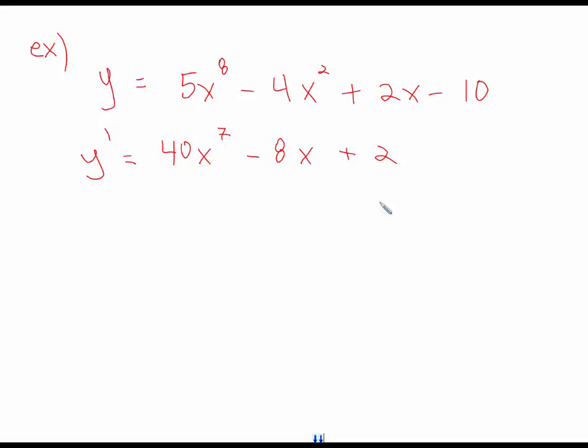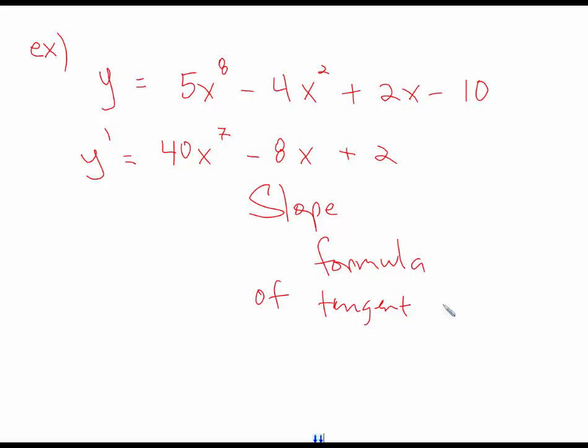And keep in mind, while you're doing all this, when you find the derivative, what did you just find here? This is the slope formula of the tangent line to this curve.